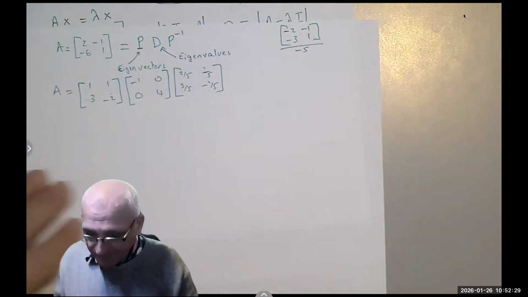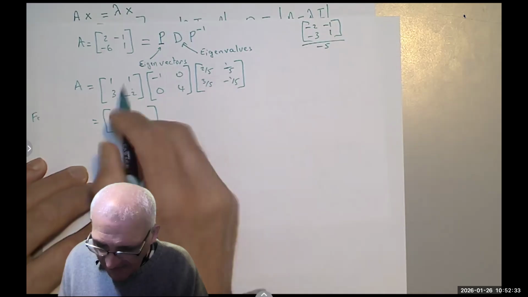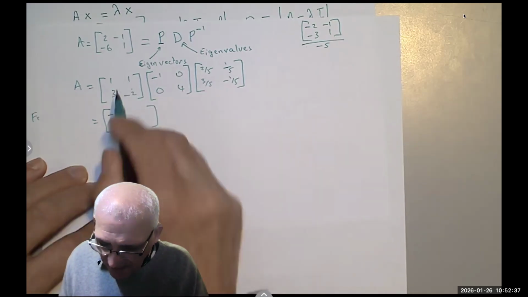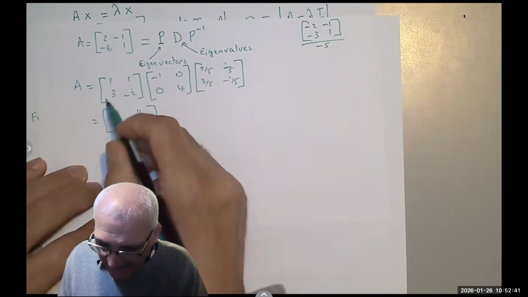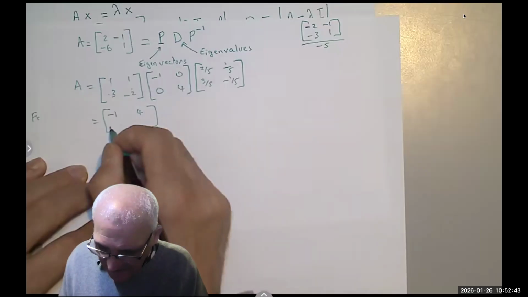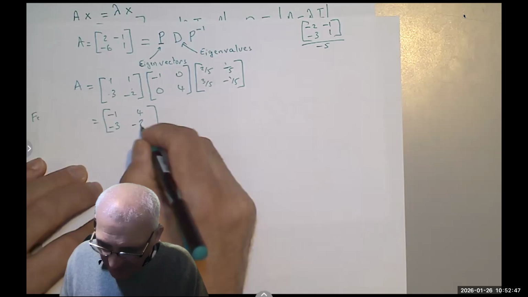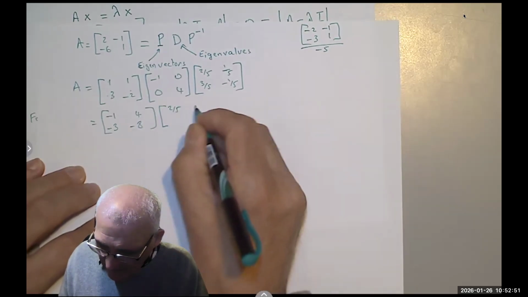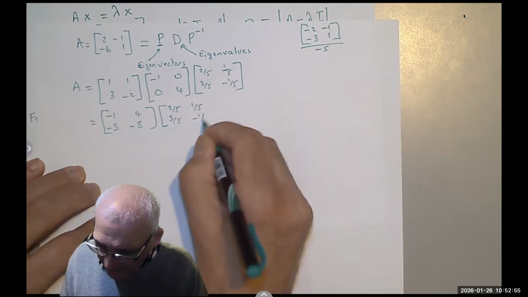Let's check. If I multiply the first two matrices, I get -1 plus 0 is -1. 0 plus 4 is 4. -3 plus 0 is -3. And 0 minus 8 is -8. And then you multiply that by 2/5, 1/5, 3/5, and -1/5.